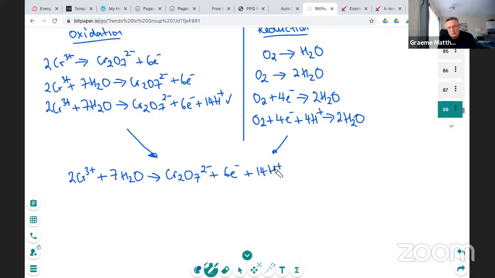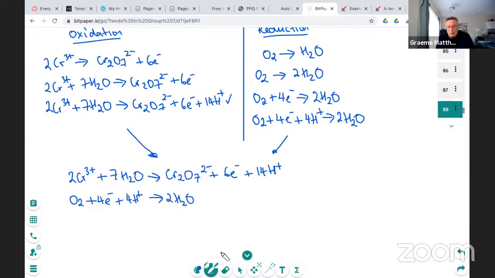Oh, this is going to be a difficult one now, right? 6 electrons here, but you've got 4 electrons down here, so hold on. You have to multiply through by some common factor now. H+ goes to 2H2O.